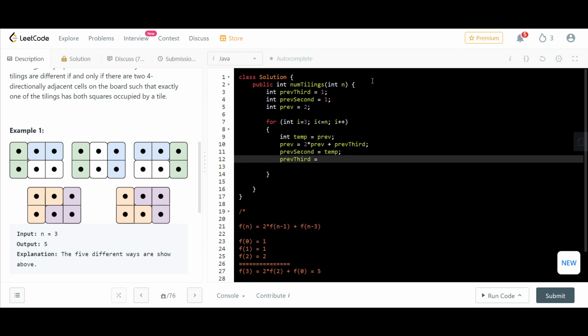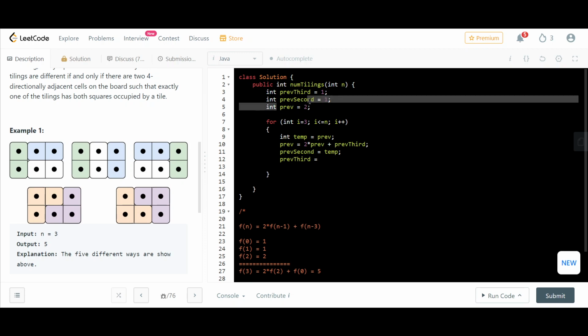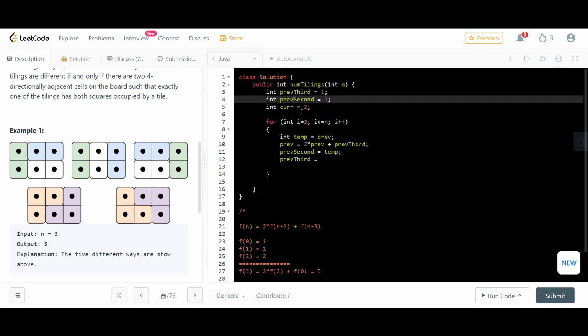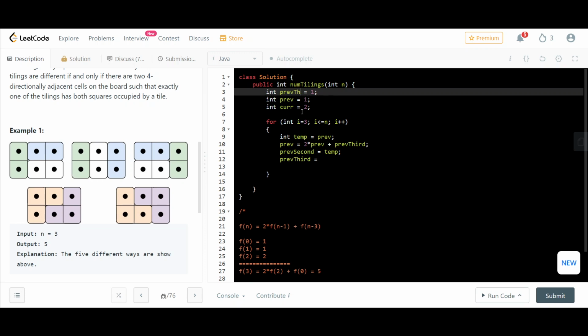Okay, we have to shift everything one by one. So previous is the new guy. I need to save three. So this is the current. You can also call it current, right?